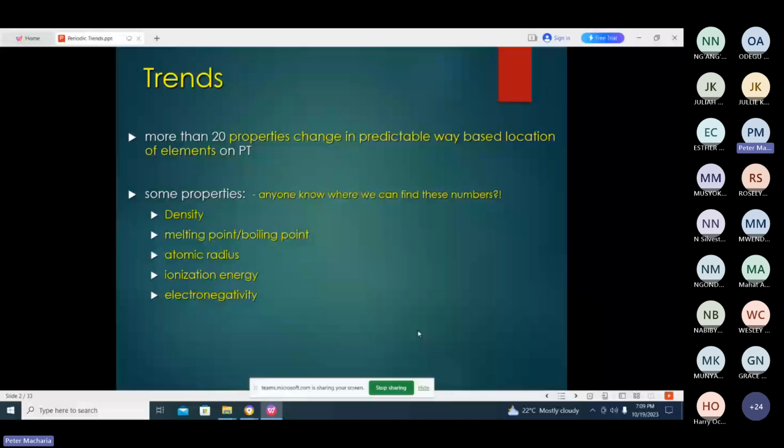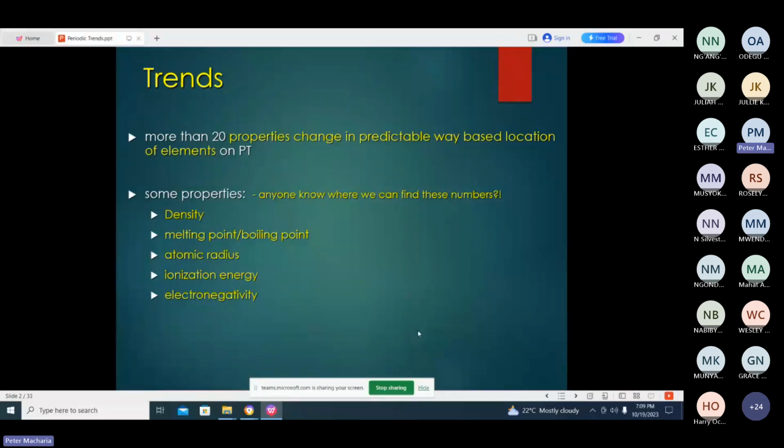Before we do that, we shall look at trends in terms of whether elements in a certain group or period form positive ions or negative ions, the ease with which they form those ions. Those are the type of trends we'll be looking at.